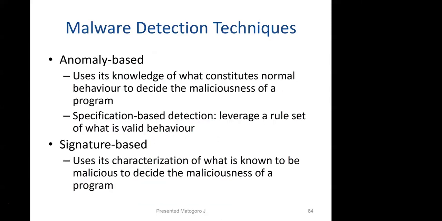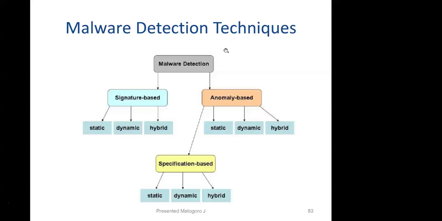Maybe I can give one more time for you to share what is the difference between signature-based malware detection and anomaly-based malware detection. Maybe on the chat, I will be monitoring the chat for a couple of minutes.